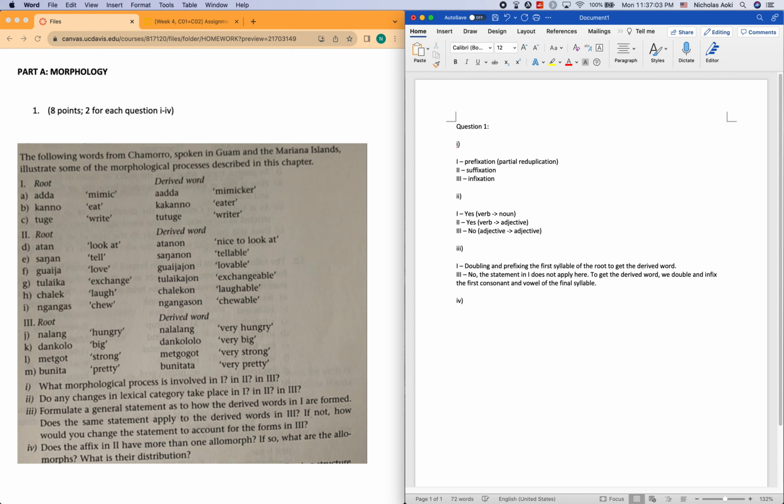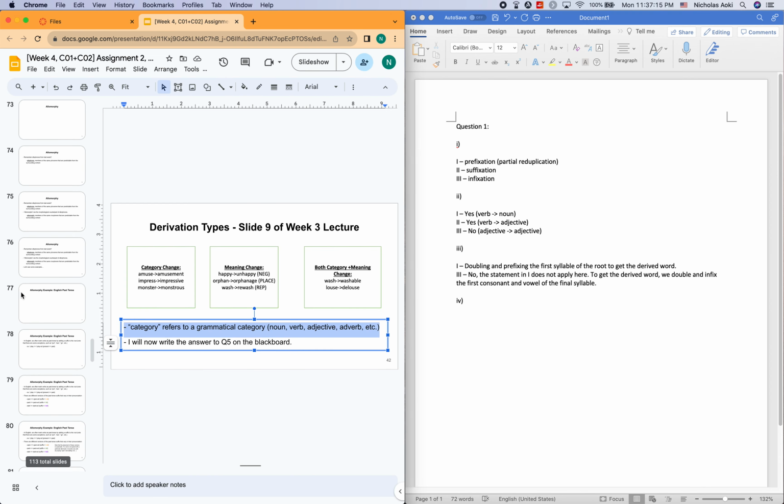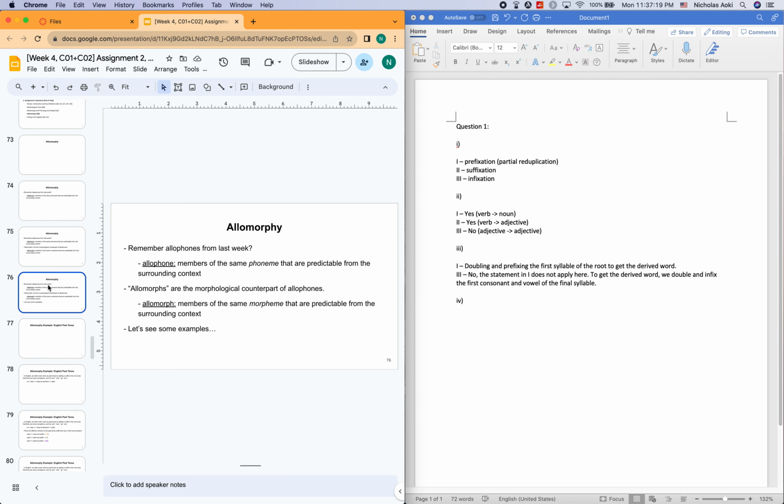Finally, number 4. Does the affix in 2 have more than one allomorph? If so, what are the allomorphs? What is their distribution? So recall from talking about allomorphs that I said that allomorphs were the counterpart of allophones from last week. Specifically, they're members of the same morpheme that are predictable from the surrounding context.